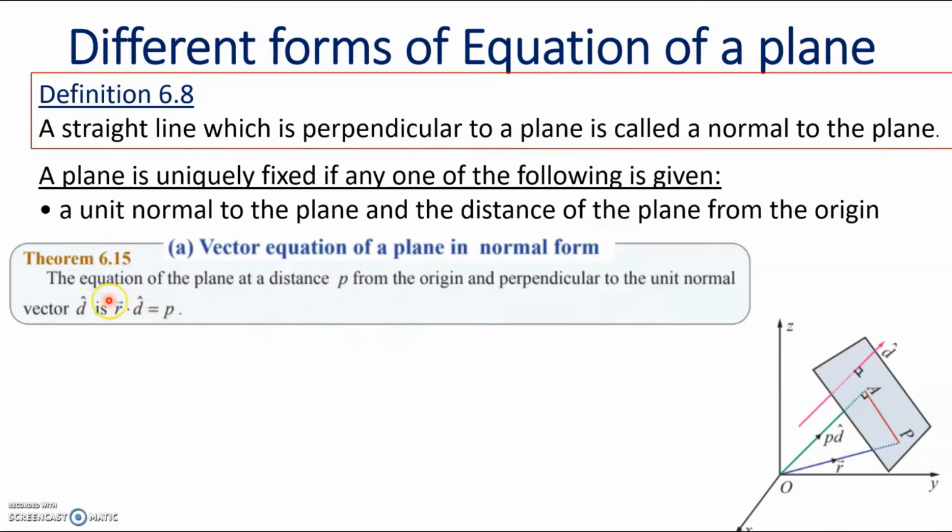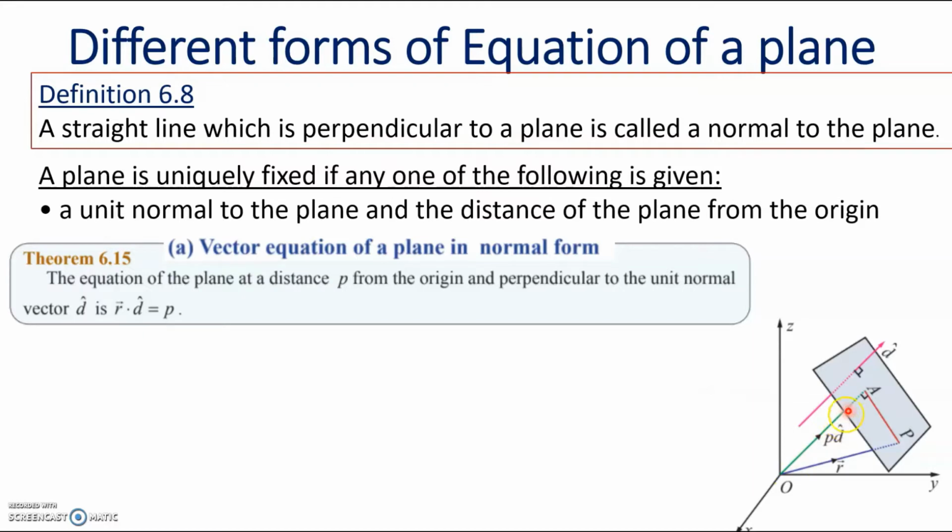The theorem says the equation of the plane at a distance p from the origin and perpendicular to the unit normal vector d cap is given by r dot product with d cap is equal to p. So it's very simple.